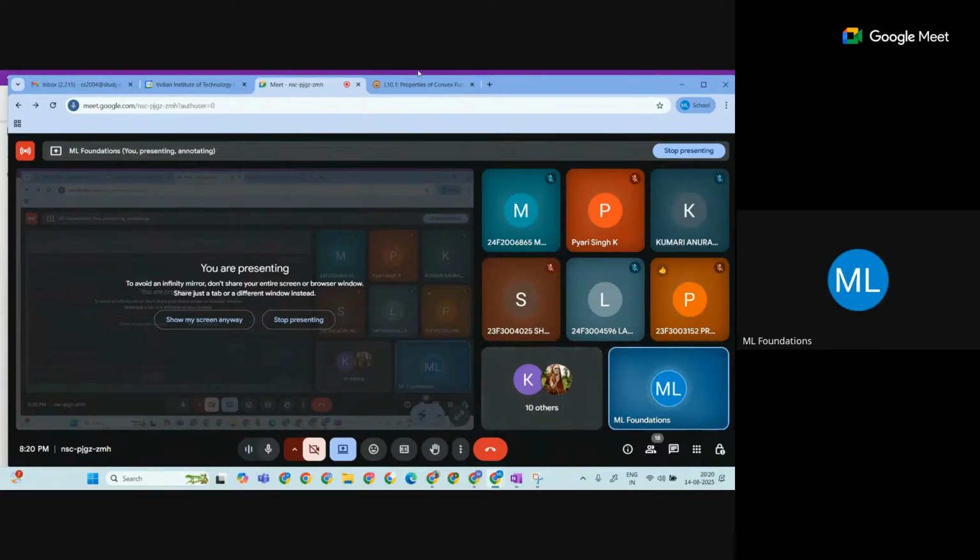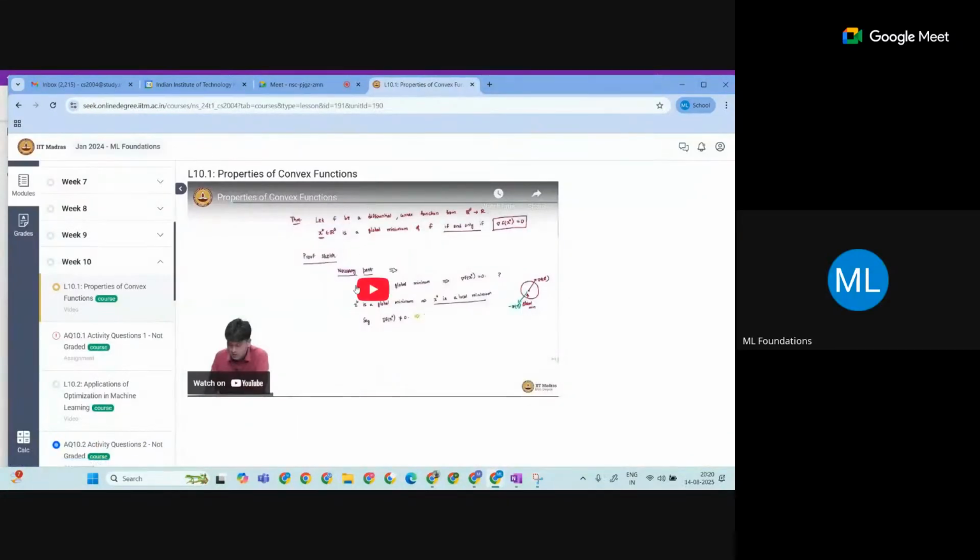The next property is this. If f is a differentiable convex function from D to R, then x star is a global minimum of f if and only if it is a critical point. This is the theorem.